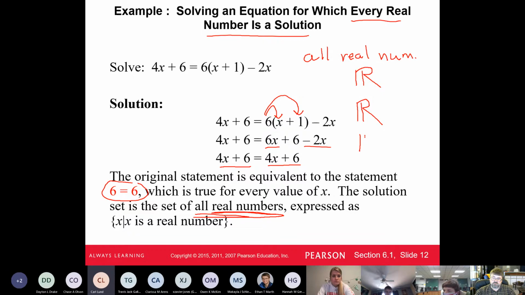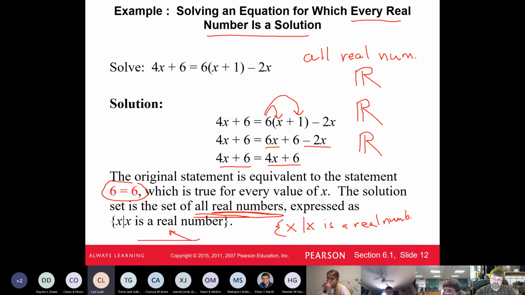It's fun to write. Or you could do what your author does and put it in set builder notation: x such that x is a real number. I think it's quicker to do one of these ways, but you're free to do it the way your author wants also.